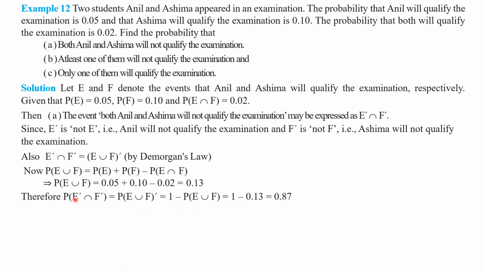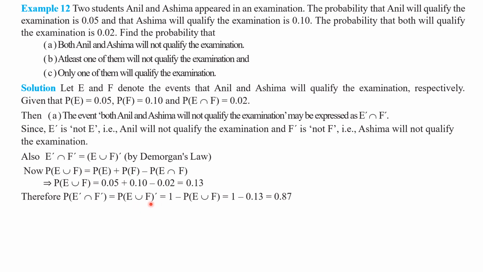Understood this step, my children? Here, P of E dash intersection F dash is equal to P of E union F whole dash. On both sides, we have taken probability. Then we get this step. Understood this step, my children? Right. P of A dash means 1 minus P of A. Yes or no, my children?